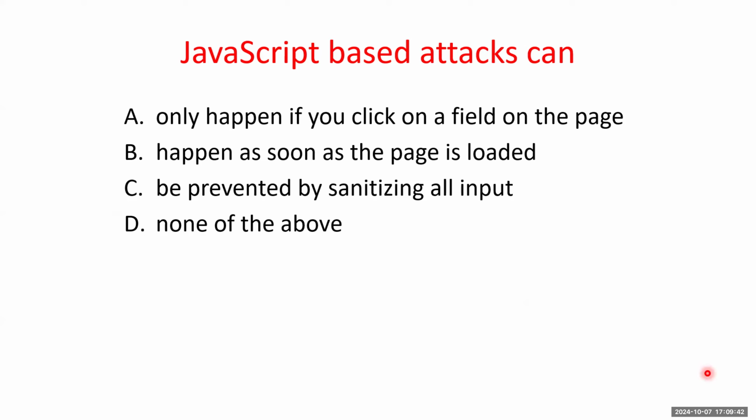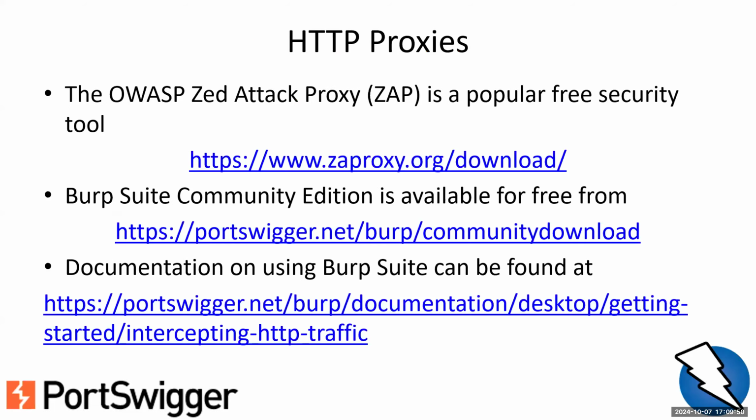Moving on. There we are. There are HTTP proxies. These are programs that allow you to look at all the HTTP traffic going to the server and back. There are a couple of very popular free ones. There is the ZAP one made by the OWASP, the Open Web Application Security Project.